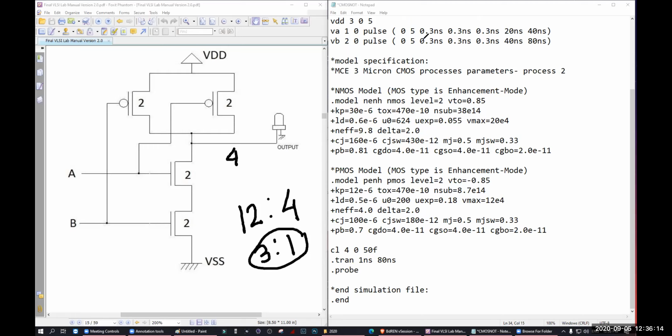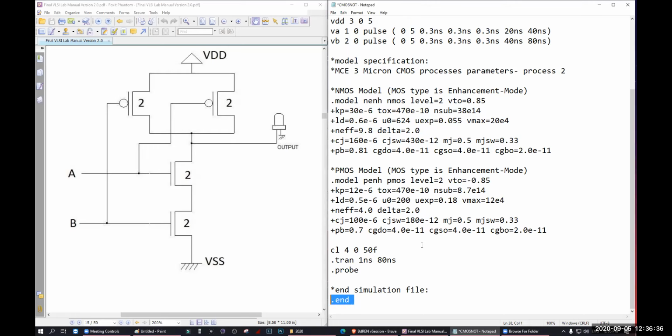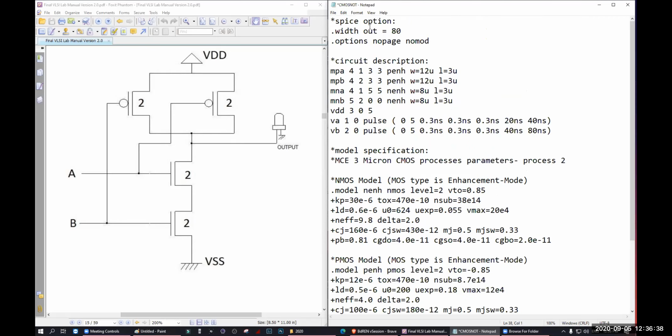So we already used 3:1 here. Remember, according to the 3:1, we use 3 and 2, 2. So DC analysis, we no longer need. Now then dot probe, dot end. Now after we make the code, what next?